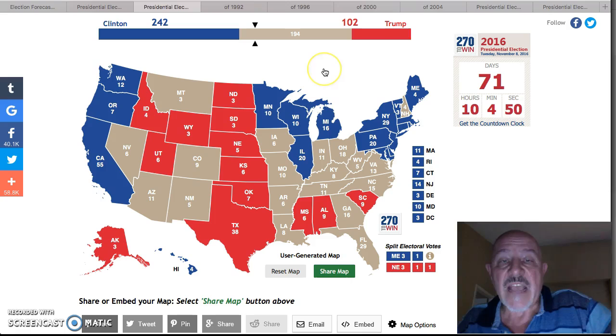Now, this same website helps us to see what those previous elections were, and so we're going to go through those real fast. So let's look at the 1992 election.